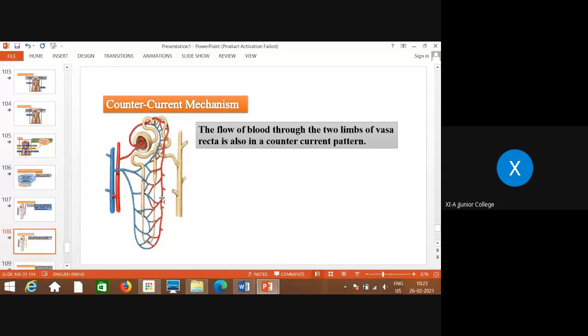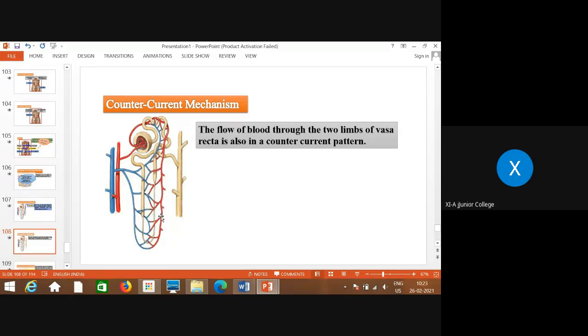In the same way, the blood vessels which cover the loop of Henle, that is the vasa recta, this network of blood vessels, also run in opposite directions. One is descending and the other is ascending. Here also this is the counter current pattern. That means the flow of blood through these two limbs of the vasa recta is also in the opposite direction.